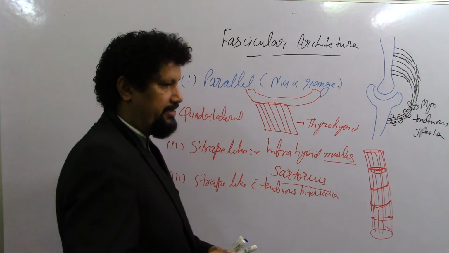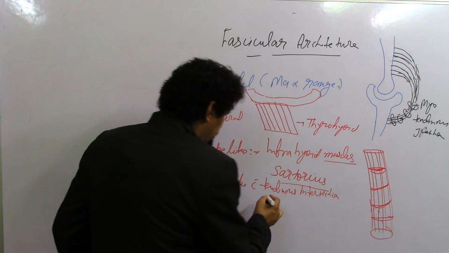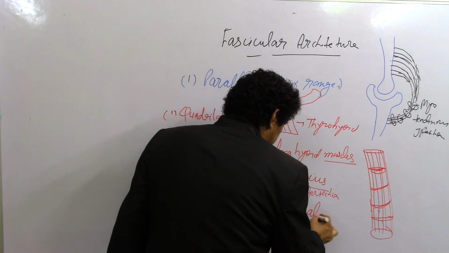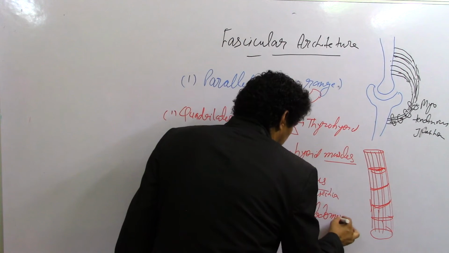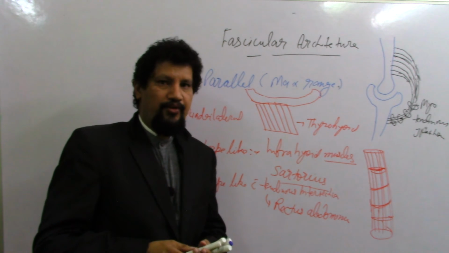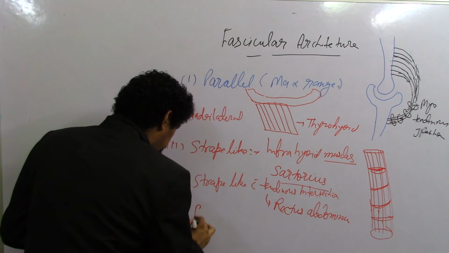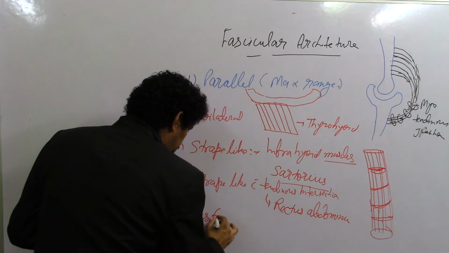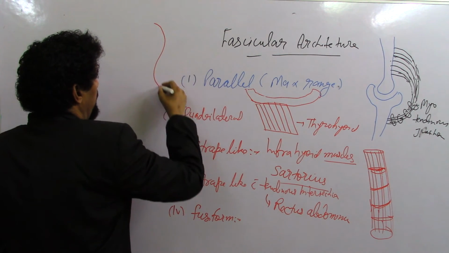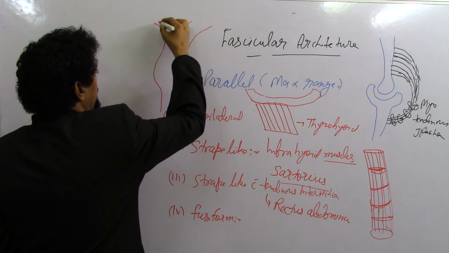This type of arrangement is seen in rectus abdominis. An example of this muscle is the rectus abdominis. Sometimes the parallel fibers are in a fusiform shape. Here we can see the arrangement of fibers like this.